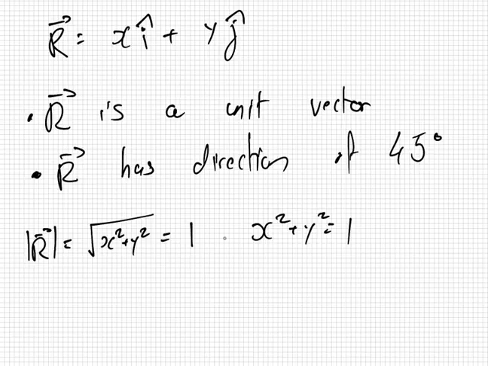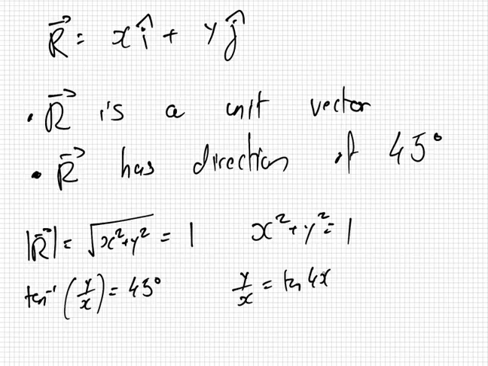Now, because it's 45 degrees, that means tan inverse y over x should equal 45 degrees. That means y over x should equal tan 45. What is tan 45? 1. So that means y over x should equal 1, so that means x should equal y.